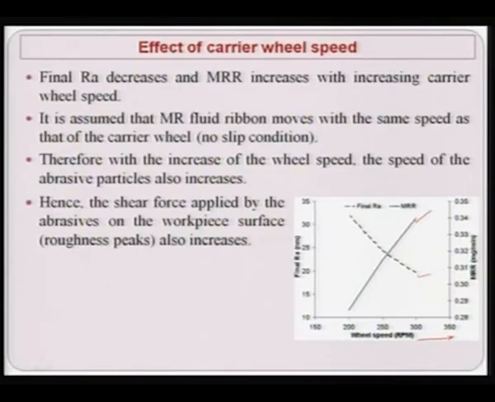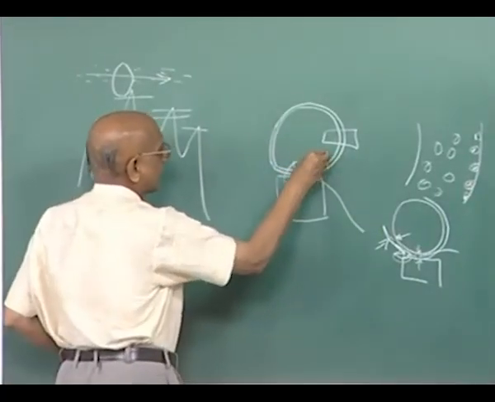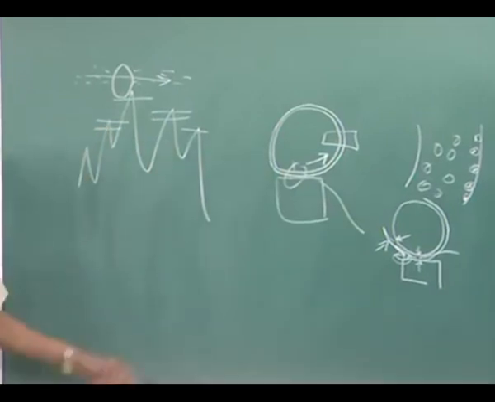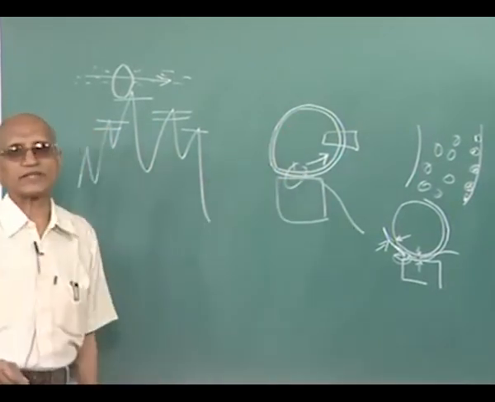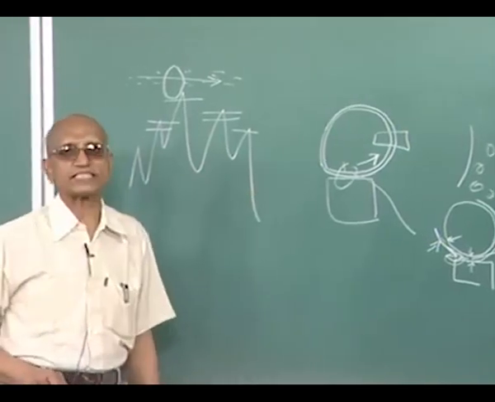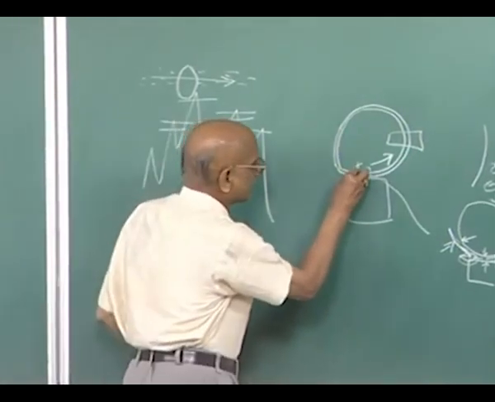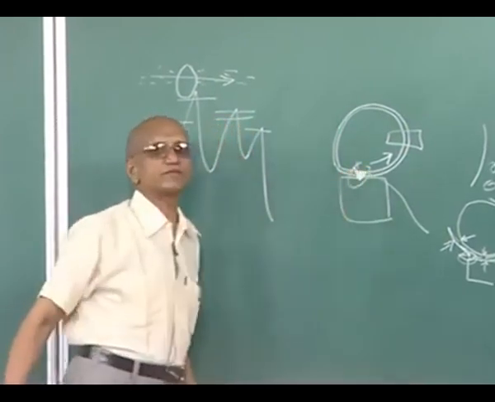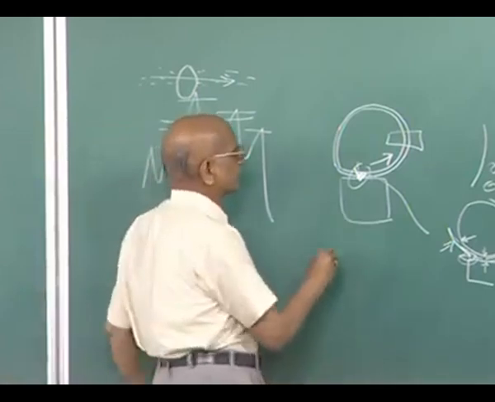That is, as you can see here on the board, as the speed or the RPM of the wheel is increasing, the surface speed of the wheel outer periphery is increasing, and then whatever abrasive particle is there, suppose this is the abrasive particle, its speed with respect to the workpiece will also increase.